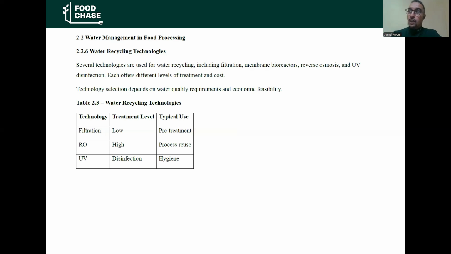Biotechnologies are also used to recycle water with different treatment levels. We typically use, for example, pre-treatment for process rules, and for hygiene we use UV, just for hygiene quality and to avoid microorganisms and bacteria in the water.